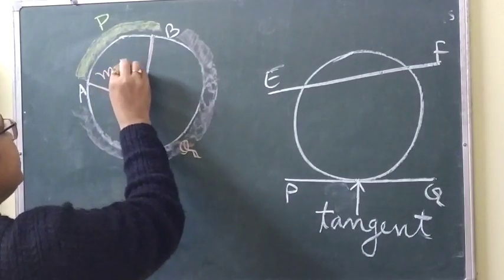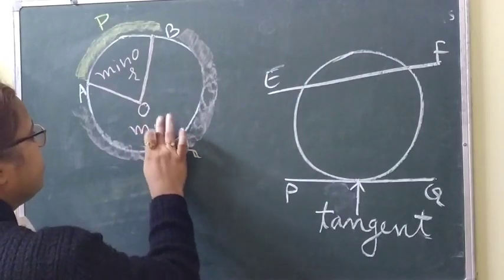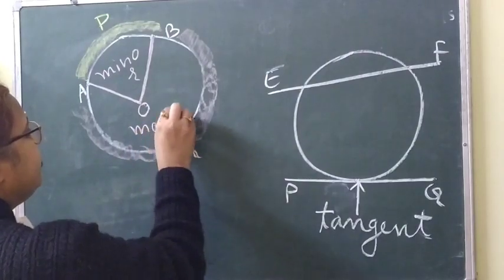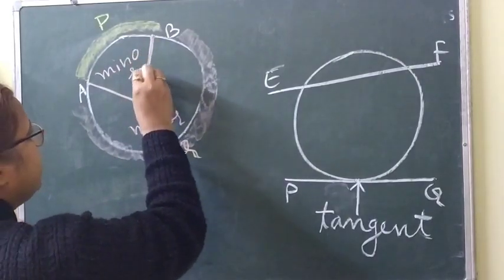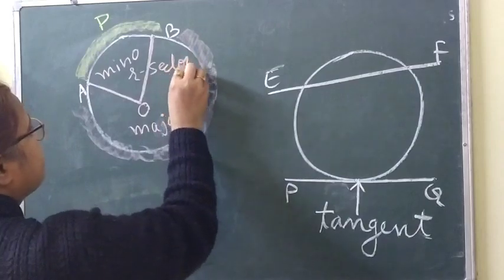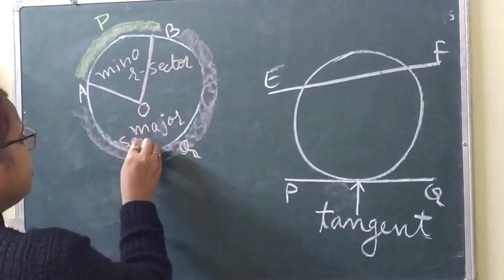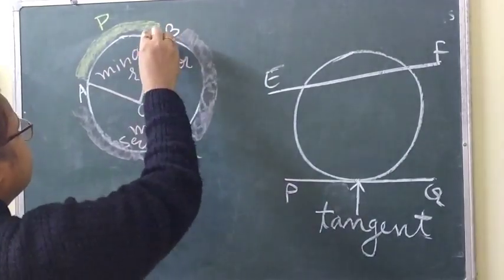So, of course, now it is very clear. This one is smaller and this one is bigger. So, we can say this one is a minor sector, and this one is a major sector. It will be easy when I shade it.